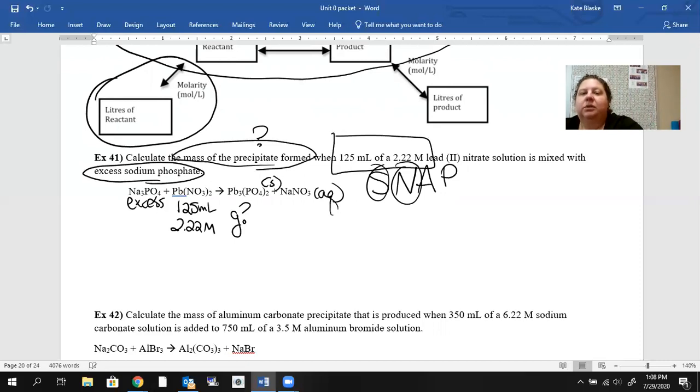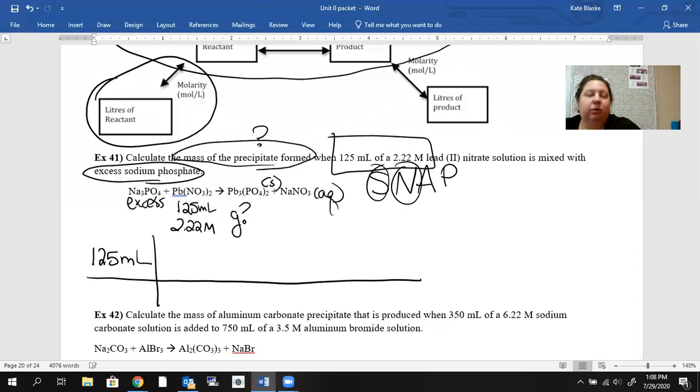So my given numbers, the 125 milliliters of 2.22 molar solution, I'm going to use that as my first step of my stoichiometry. If you start with the volume, 125 milliliters. Now, again, we can put this conversion into our stoichiometry, or if you can automatically figure that out into liters in your head, that's fine. There's 1,000 milliliters in 1 liter. Now, if I've got liters on top, liters has to go on the bottom. My molarity, remember the units for molarity are moles per liter.